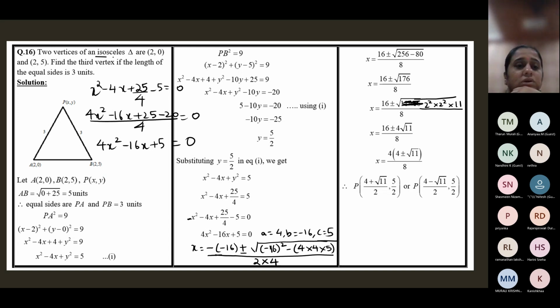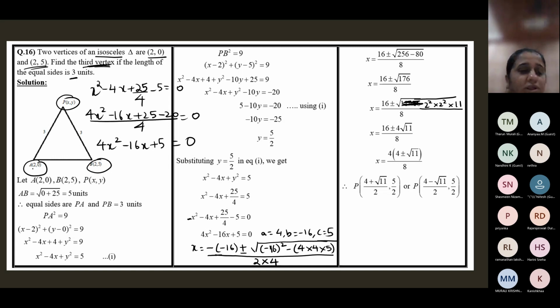So it's an isosceles triangle. You need to find the coordinate of the third vertex. You know the address of two of its vertices: A is 2, 0 and B is 2, 5. You need to find the address of the third vertex. We have taken it as P, x, y. Now the equal sides are 3 units.